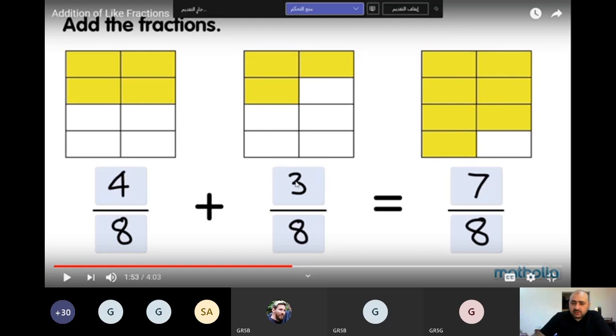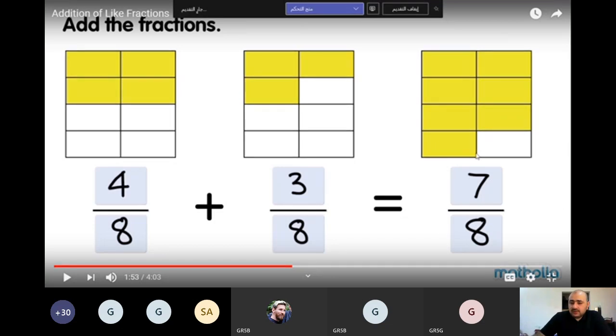So the part will be 3 and the whole will be 8. So this is the second fraction. If I want to add as a model, count how many shaded parts here. 1, 2, 3, 4, 5, 6, 7. So 7 shaded parts here. So what is the fraction here? 1, 2, 3, 4, 5, 6, 7. So I can write the part 7 shaded parts, and the whole will be what? Will be 8.